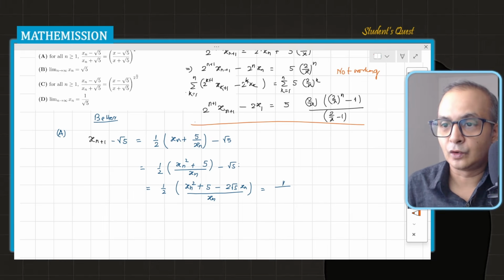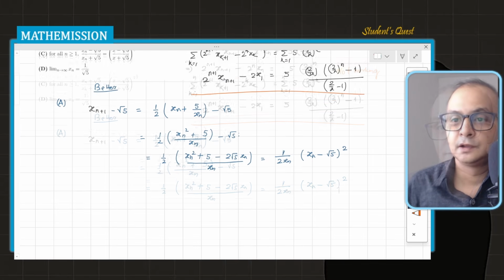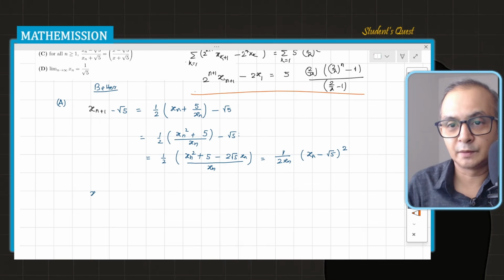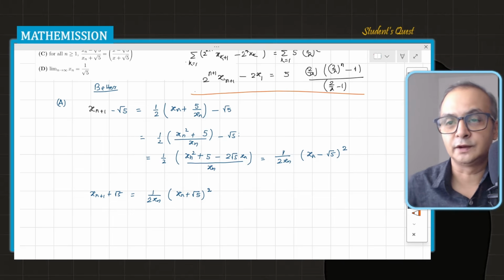So this is now half xn, and this I can write as xn minus root 5 the whole square, and that saves our life. In the same way, the denominator, xn plus 1 plus root 5, I can write as half of xn plus root 5 the whole square.